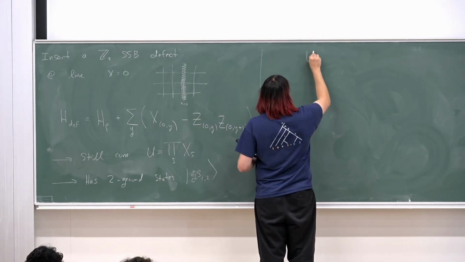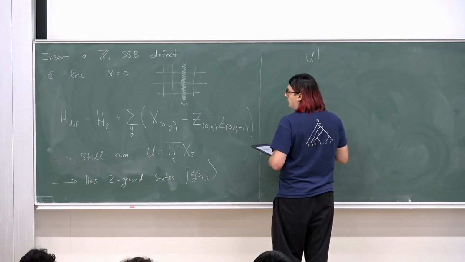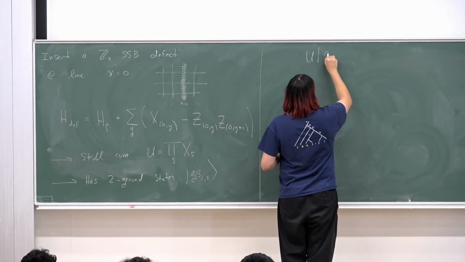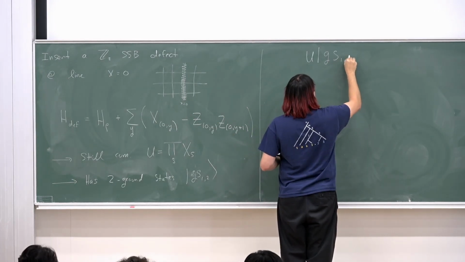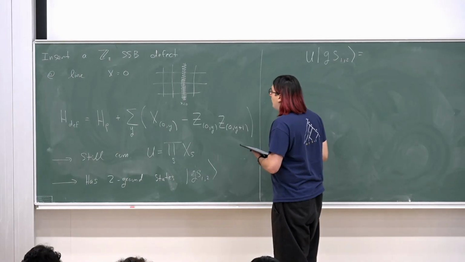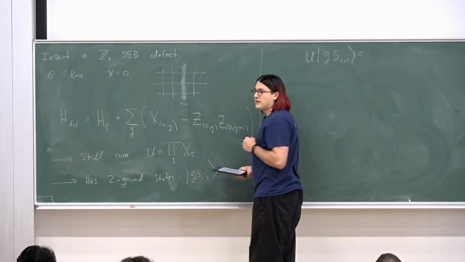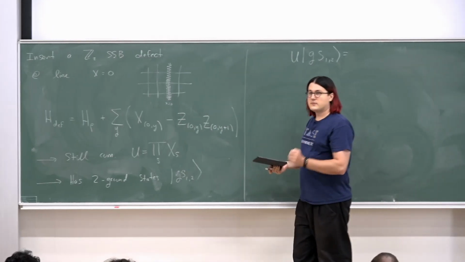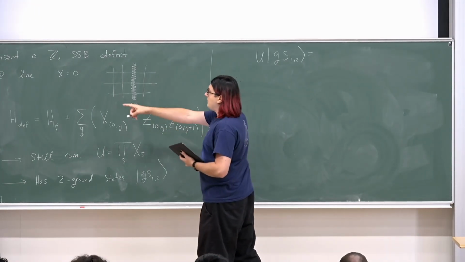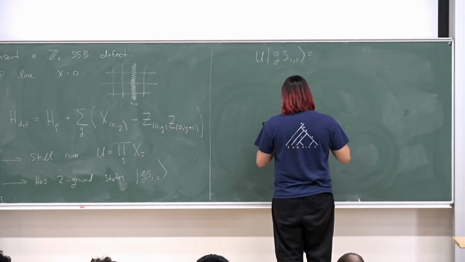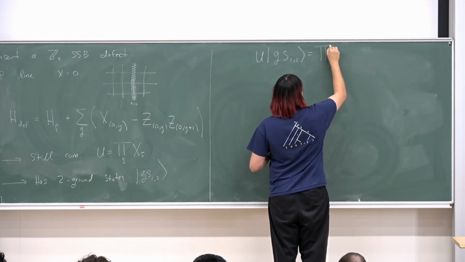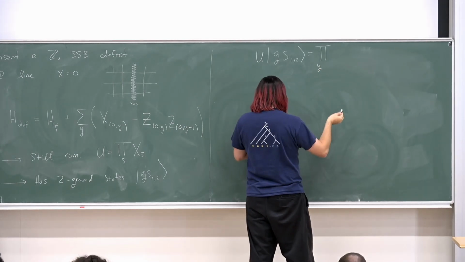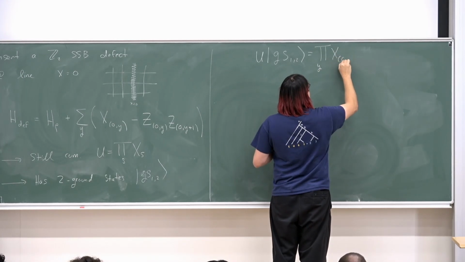You can check that if you act the symmetry operator U over there on either of these ground states. Well, we can first use that for all the qubits away from this x equals 0 line, in the ground state subspace, the Pauli X operator is equal to 1, right? So I don't have to care about any of the Pauli X operators outside of the x equals 0 sites. So I only get a product over these operators.